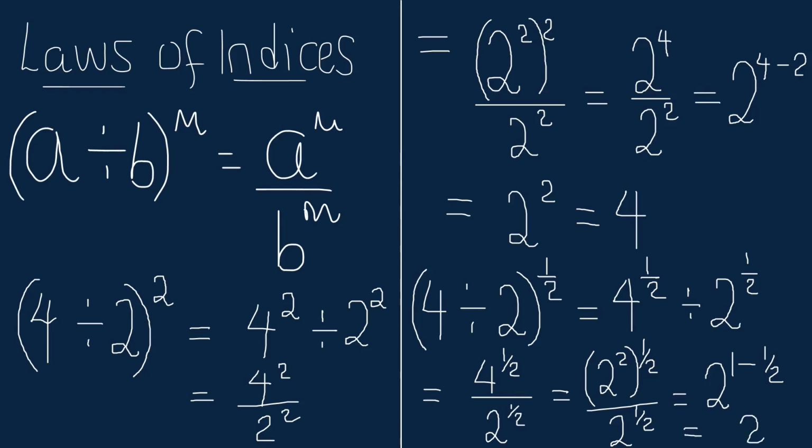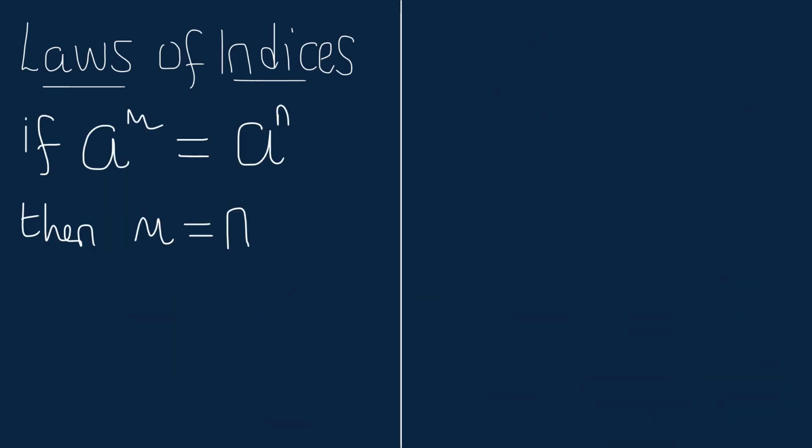Let's consider another law of indices. Rule number 4, when the base of the variables are the same but they are expressed to different exponents.